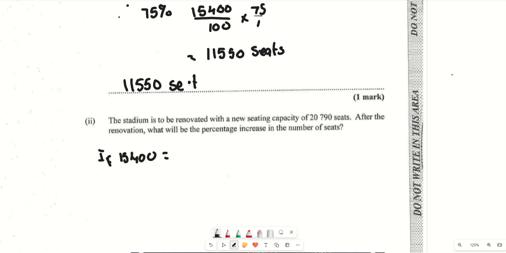15,400 is equal to 100%, because remember, right-hand side tells us what you're trying to find out. And the right-hand side is percentage, so that is why 100% is here. Then 1 would be 100 over 15,400. And therefore, we're trying to find out for 20,790.